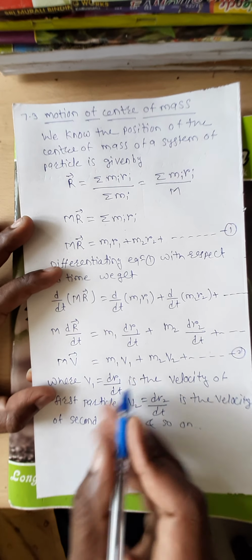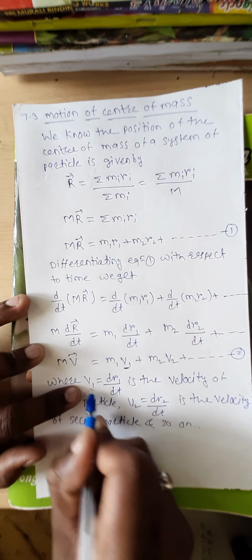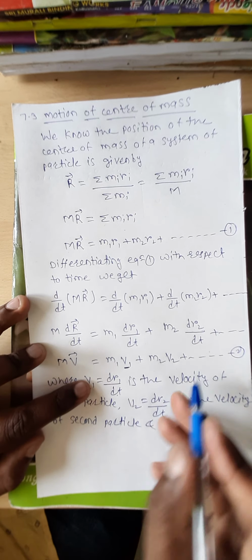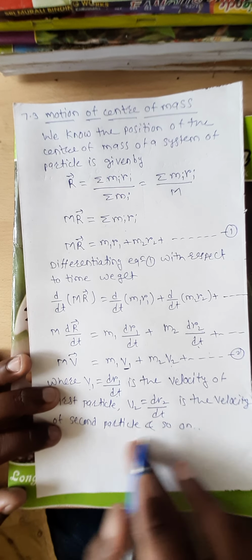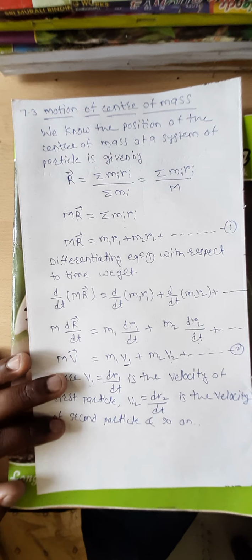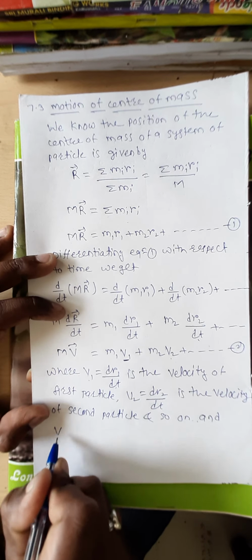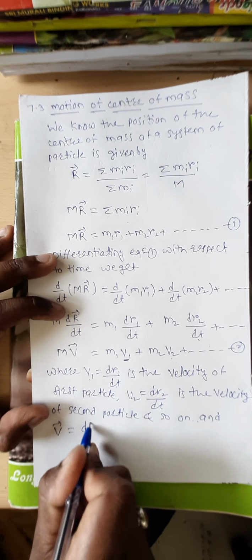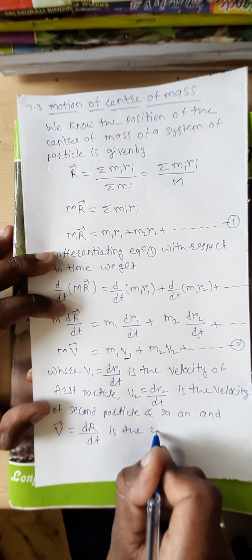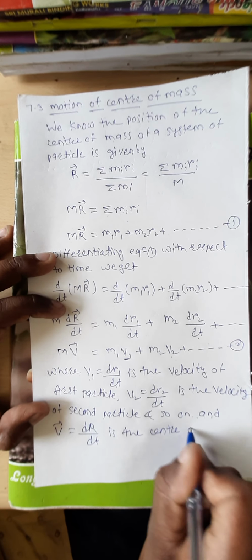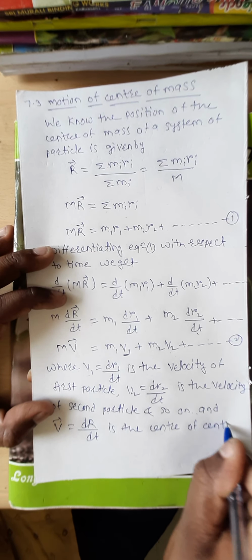In that case, v1 is nothing but dr1 by dt, the velocity of the first particle. This v2 is nothing but dr2 by dt, the velocity of the second particle, and the velocity of the third particle and so on. And capital V is equal to dR by dt, the velocity of the center of mass.